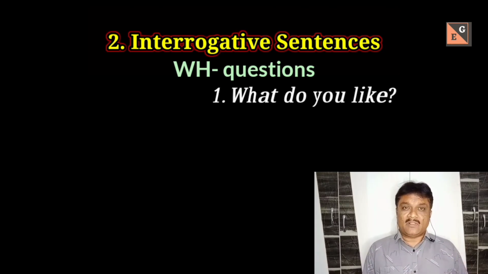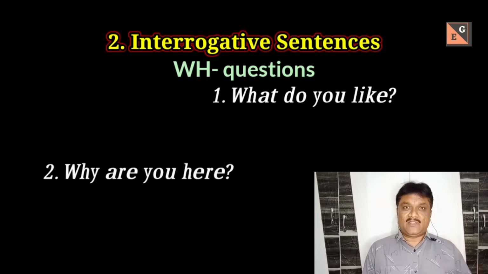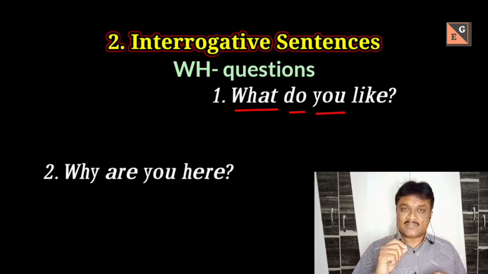One more example. Why are you here? If we study the structure of these sentences, we come to know that the structure is WH word plus auxiliary verb plus subject plus main verb.